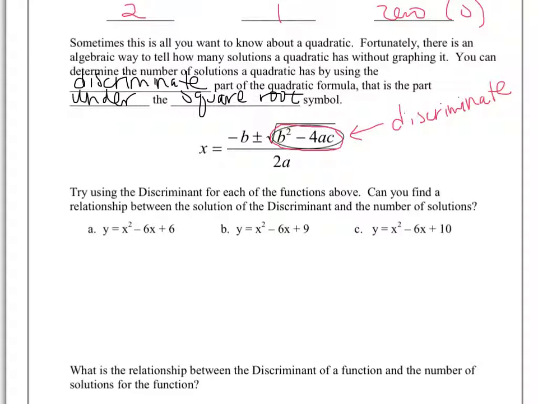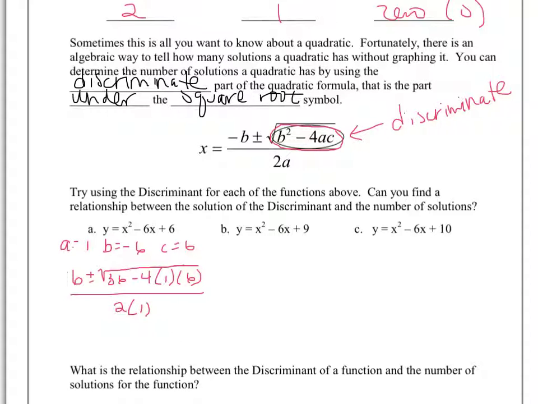So for the first one, let's try using it. A is equal to 1, B is equal to -6, and C is equal to 6. Setting up the quadratic formula: -b plus or minus the square root of b squared minus 4 times a times c, over 2a.